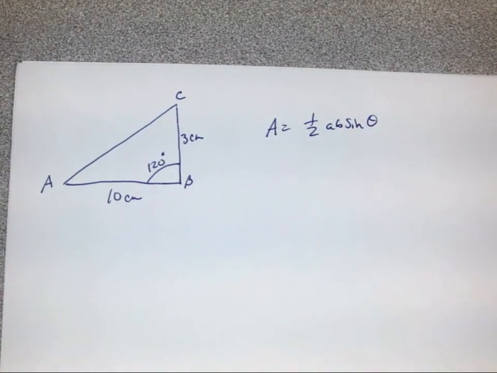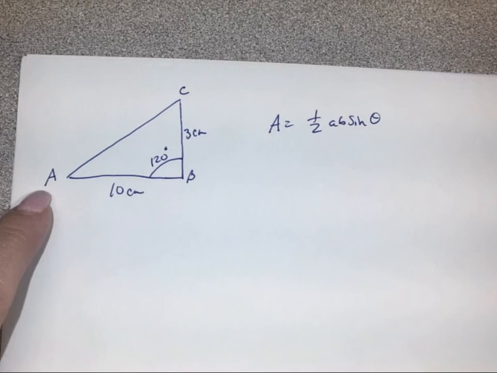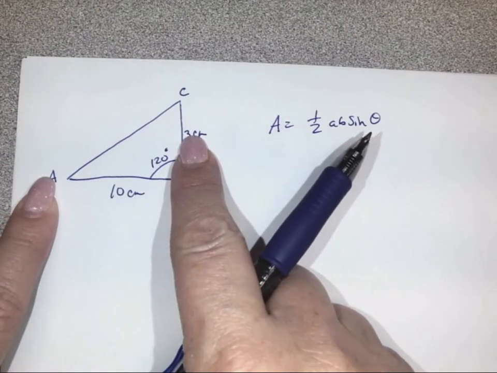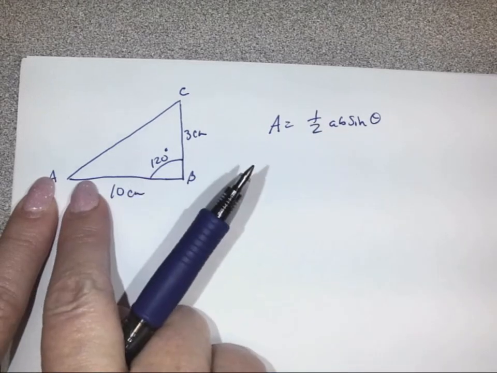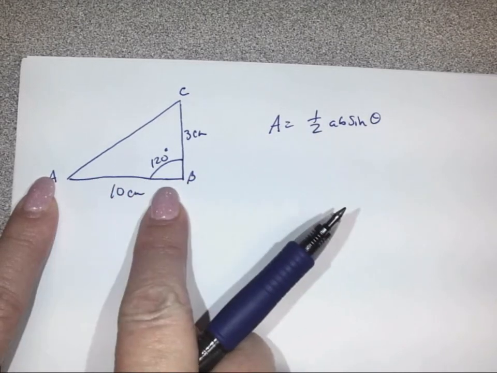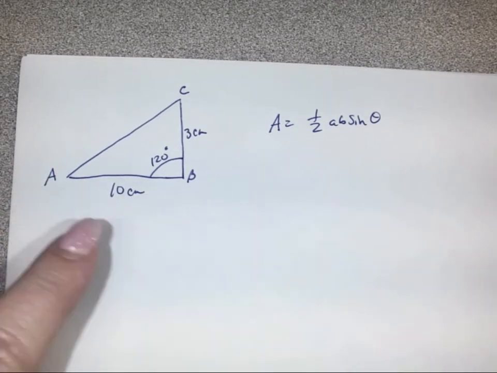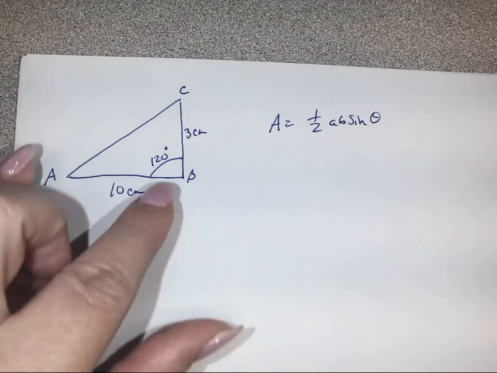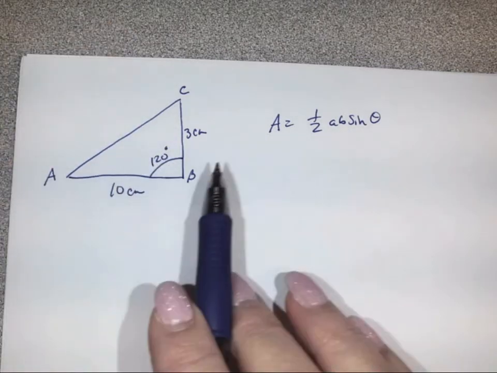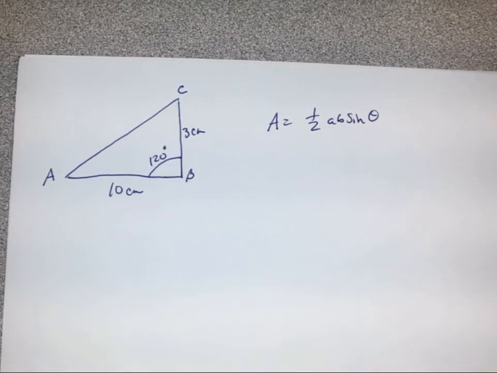Now, it's not always going to match exactly, because I have put angle A here, so my little a is actually up here. It's all multiplication, so it doesn't really matter. My B is actually the part that's down here, so it's actually B A sine theta. Just be aware that you're using all of the sides, but because I labeled it differently, it's not always going to be exactly the same.